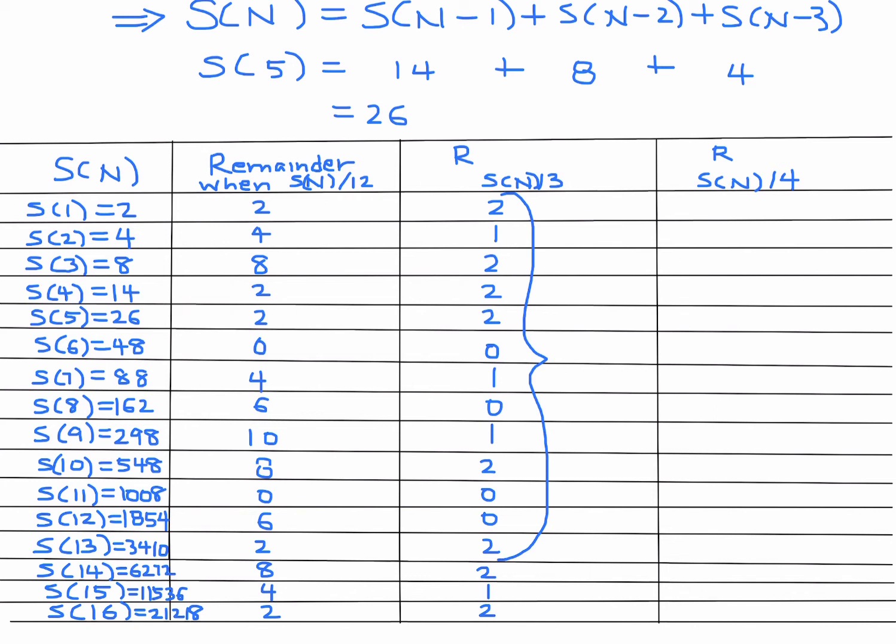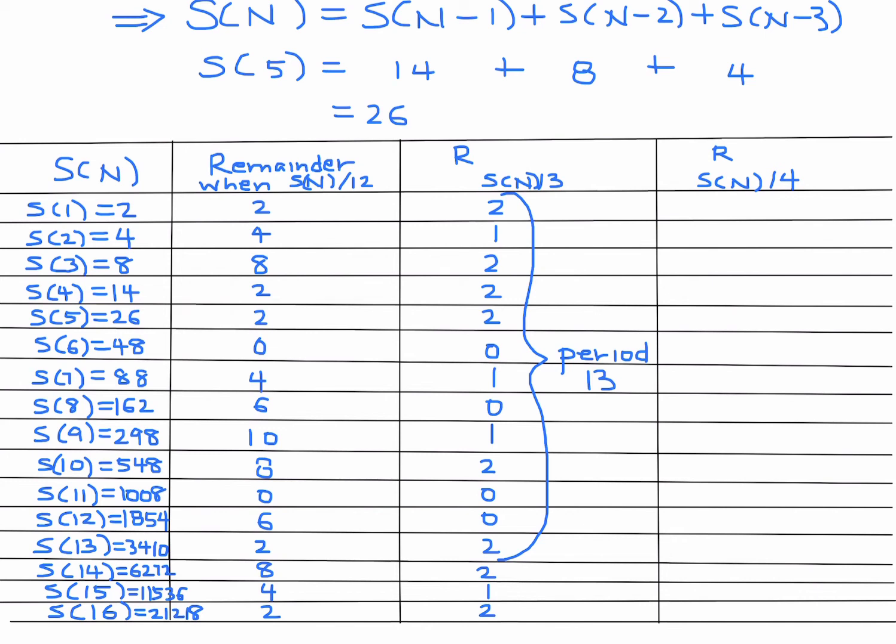I only limited it to 16 just to save time, but trust me, this is the pattern. It's a 13 deep pattern. So the period of this pattern, I guess, is 13. Every 13, it repeats. And as you can see, it's starting to repeat, right? 2, 1, 2, just like 2, 1, 2 there.